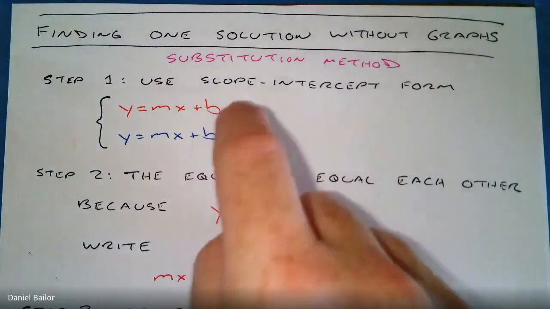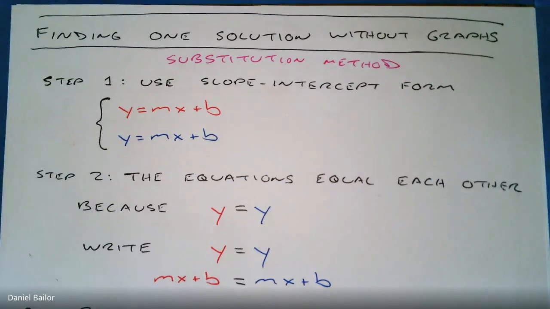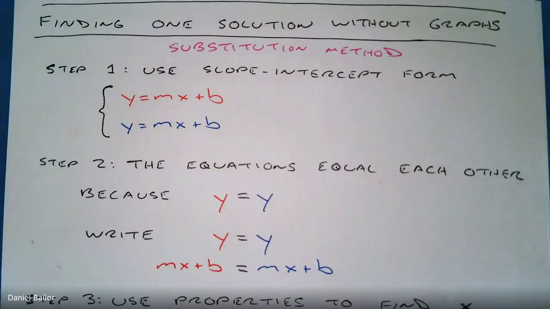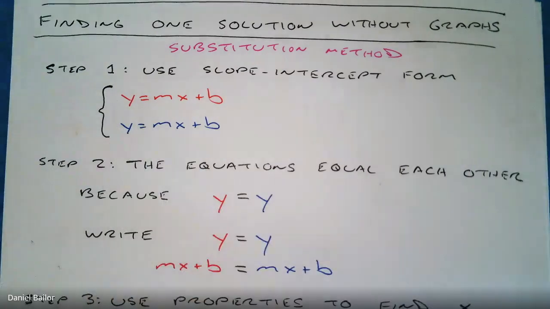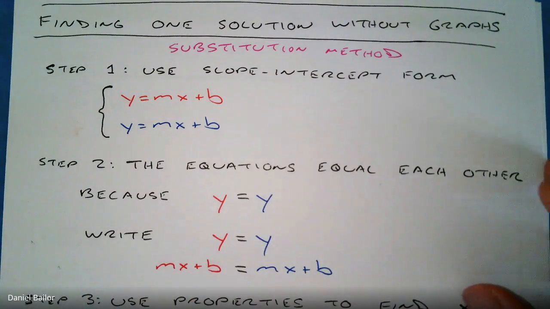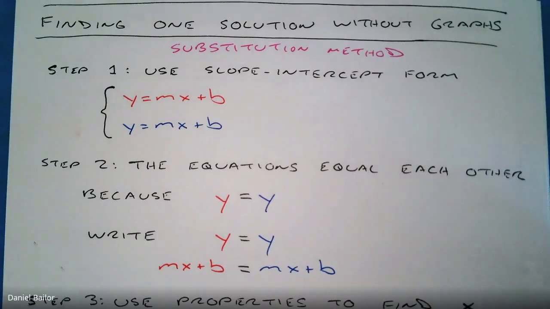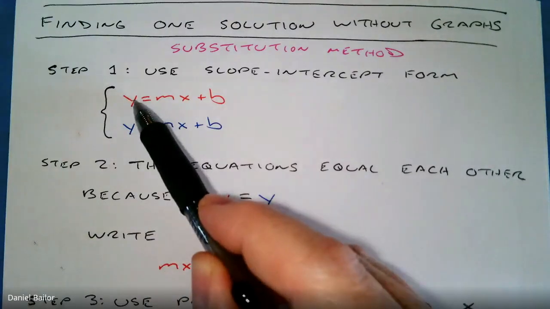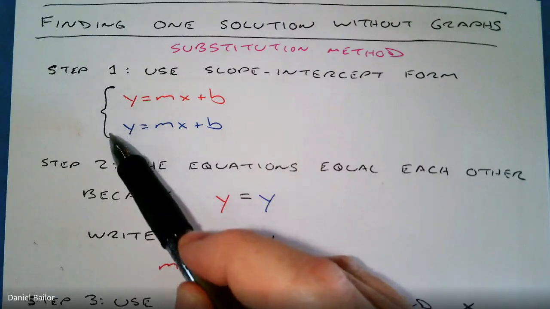So after both equations are in slope-intercept form in your system, step 2, you need to know that the equations equal each other. Because they are in a system, the system tells you that they're related, that they're connected, which means this y and this y have to be the same because they are in a system together.